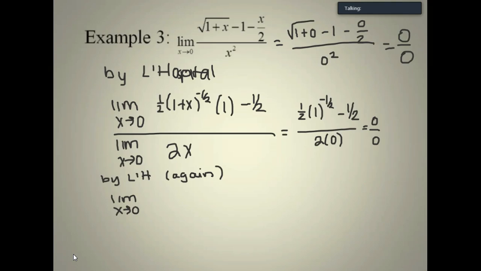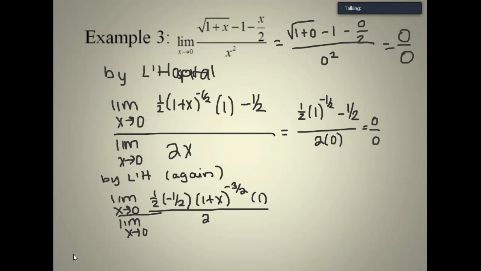So it's 1/2 times negative 1/2 times 1 plus x, now to the negative 3/2, times 1. Derivative of 1/2 is 0. And derivative of 2x is 2. So again, you're looking at the limit of the top and bottom separately.